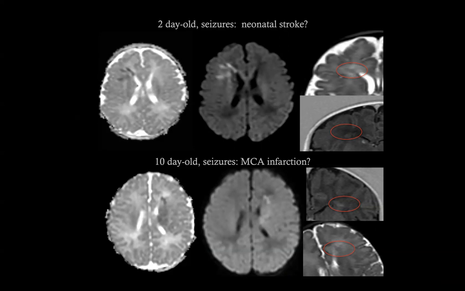We know that the neonatal brain is not myelinated at birth, so everything abnormal will be hypointense in T2 and hyperintense in T1 on a background of unmyelinated white matter. And this is actually not an MCA infarction.